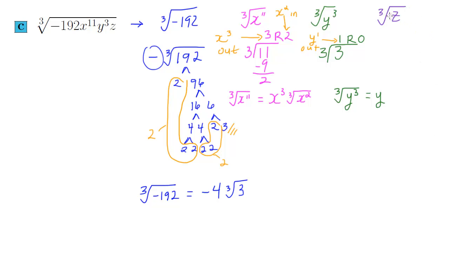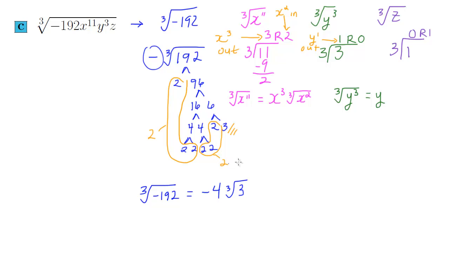Lastly, the cube root of z actually cannot be broken down any further, because if you try to break one z, right, since there's only one z factor inside, if you try to break that into a group of 3, you see that 3 doesn't go in. You can't break one thing into a group of 3. So there's only a remainder, which means there's going to be still one z remaining inside.